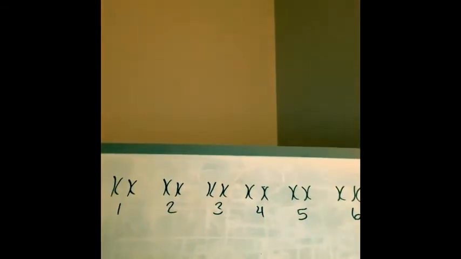1, 2, 3. Okay, you're going to set it up like this, and you're going to have 1 pair, 2, 3, 4, 5, 6 pair.